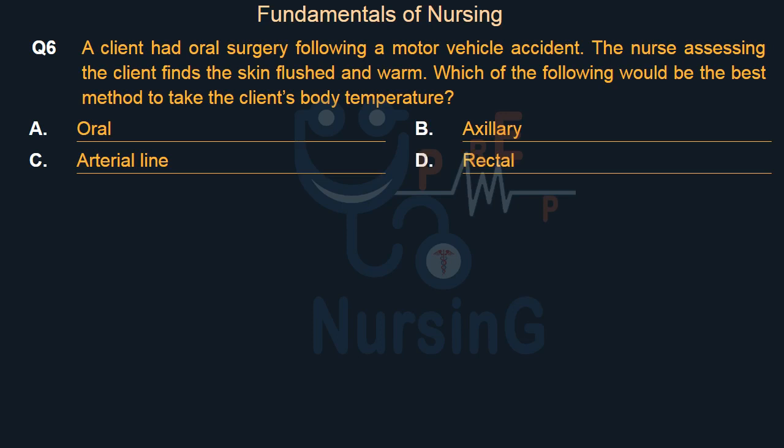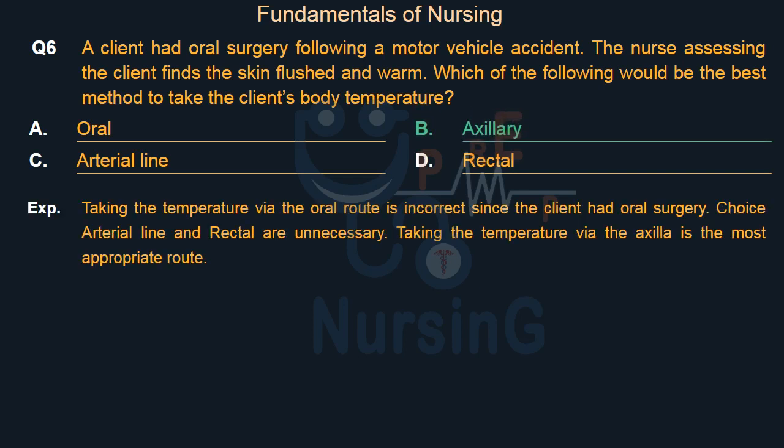Option D. Rectal. Right answer is Option B. Axillary. Taking the temperature via the oral route is incorrect since the client had oral surgery. Choices arterial line and rectal are unnecessary. Taking the temperature via the axilla is the most appropriate route.